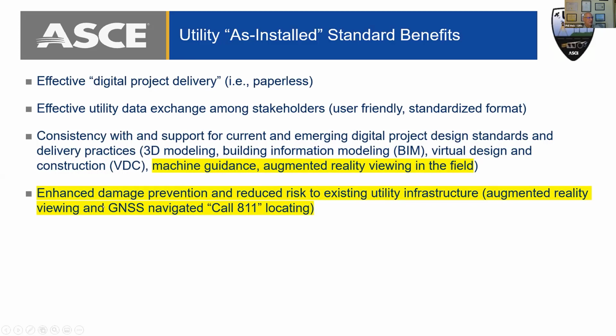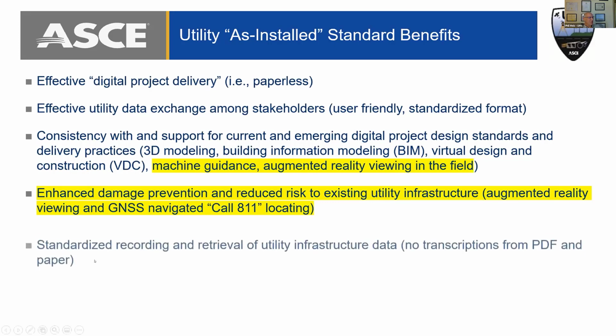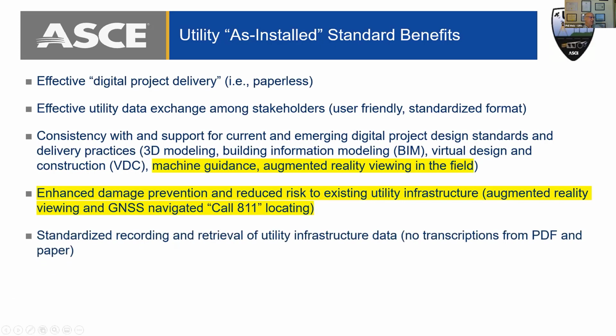There are locators out there right now that have GPS on board, and it would be real easy for a locator responding to a Comcast ticket to go out there equipped with goggles and a GPS-enabled locator, and you're going to get it every time. You'll do a good job, and we won't have the oopses we have now, because it's really hard. The more congested that infrastructure realm is, the harder it is to locate things.